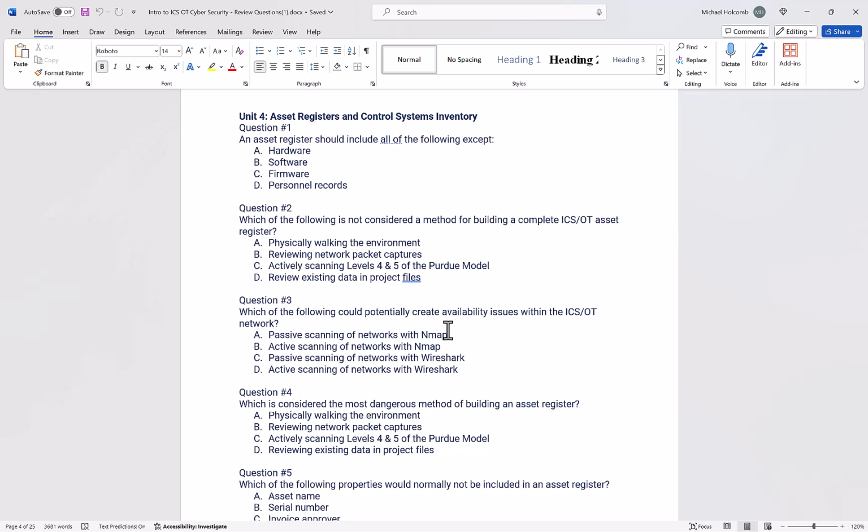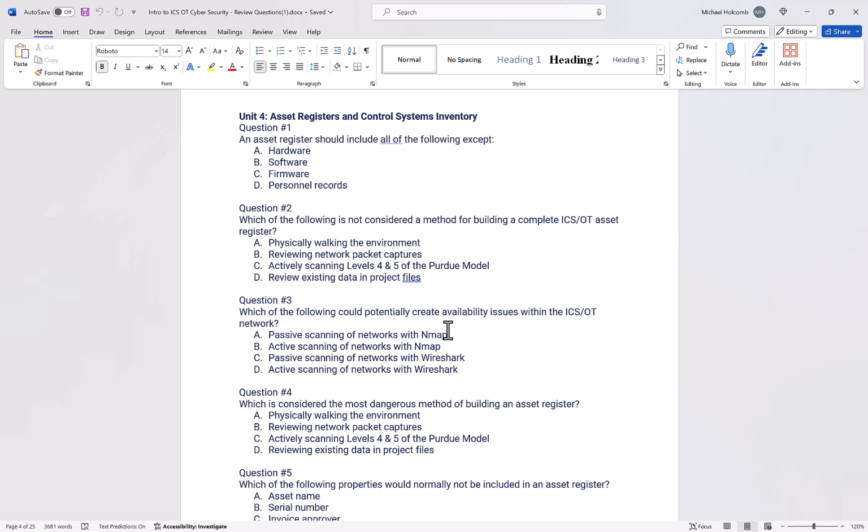We can review existing data in files that we would have, whether it's engineering diagrams, maybe it's project files, maybe it's PLC programs. Maybe you have some hints there, or at least information about a particular PLC. Any project management files for that facility definitely should have information. Procurement records, so as we're buying assets and bringing them into the environment, right, we should be able to use that information to build an asset register.